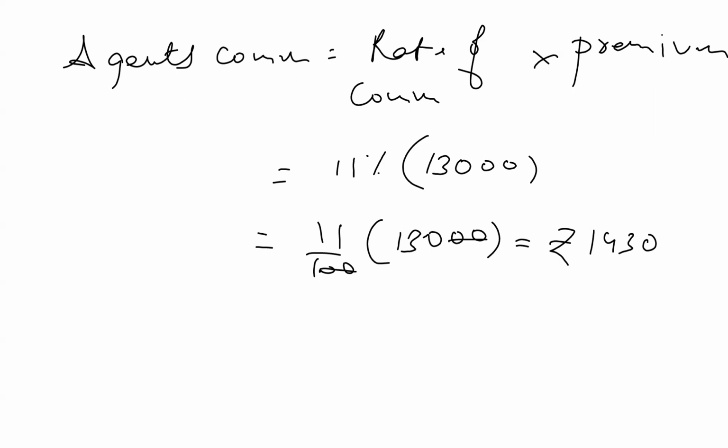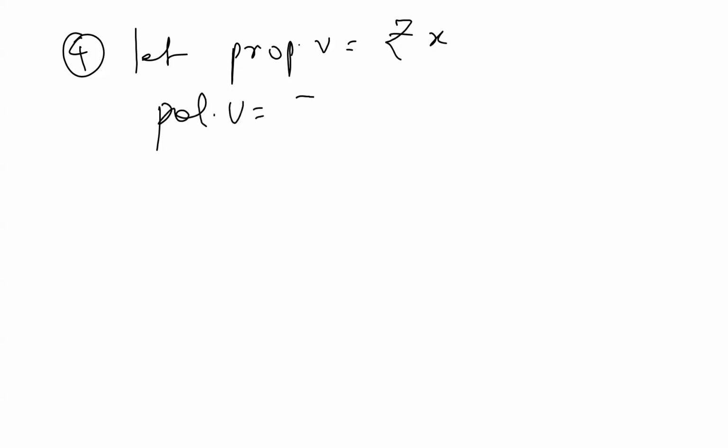Right? So that was question number 3. Let us go to question number 4. A building is insured for 75% of its value. We don't know the value of the building, so let the property value be rupees X. It is insured for 75% of the property, right?